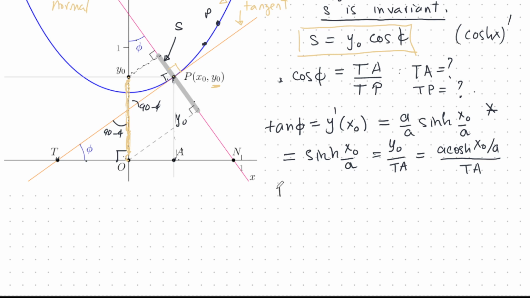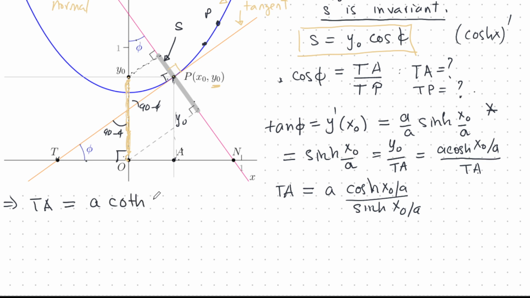Let's write this neatly. TA equals what? I bring the sinh down to the bottom. So I have a cosh of x0 over a divided by sinh of x0 over a. Finally, for TA, this gives me a coth of x0 over a.